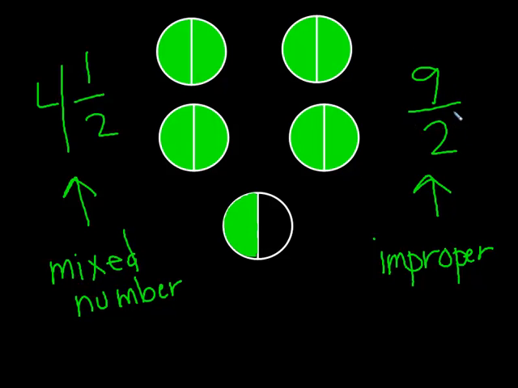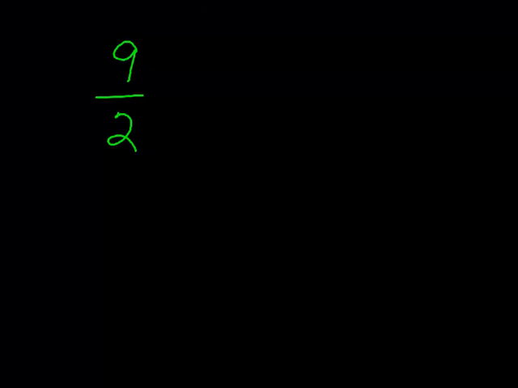And when we have an answer on one of our problems that results in an improper fraction, we may have to change it into a mixed number. Let's look at how you do this. So we're going to learn how to change an improper fraction into a mixed number. What you can do is think about how many times 2 goes into 9.